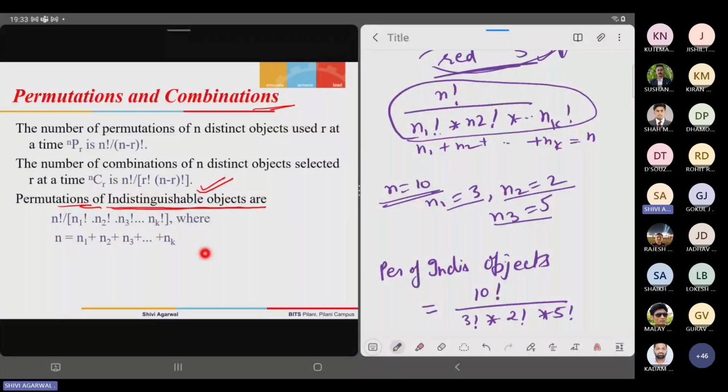So I'm taking this as indistinguishable. We say that 5 students are from Delhi, 2 students from Chennai, and so on. Yes, this formula is for combination 6C4. And for indistinguishable permutation, this formula is there.